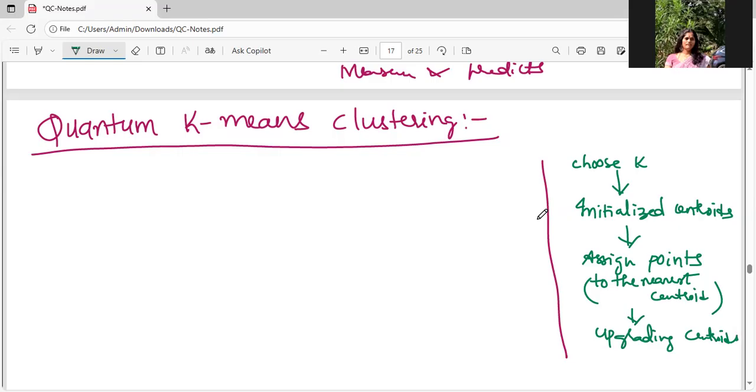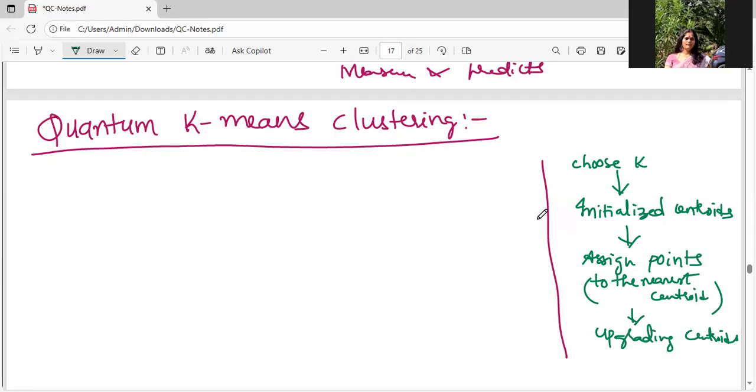And this process is repeated: reassign the points, update the centroids, until the centroids no longer change. This is what k-means clustering is, about which all of us are aware.